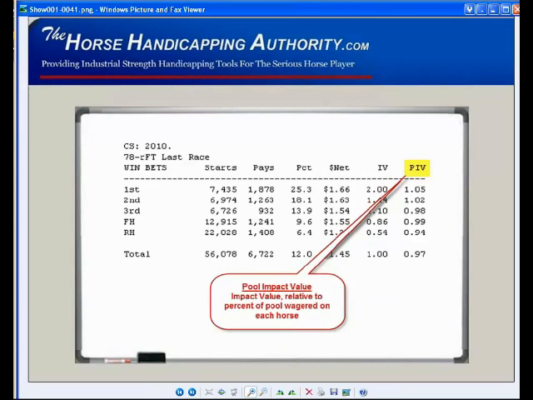Instead, it's the pool percentage wagered on each horse. And because of rounding, there's a little error, and you can see it amounts to, so that 97% is actually average. That's because of breakage and so forth. Okay, so moving on.